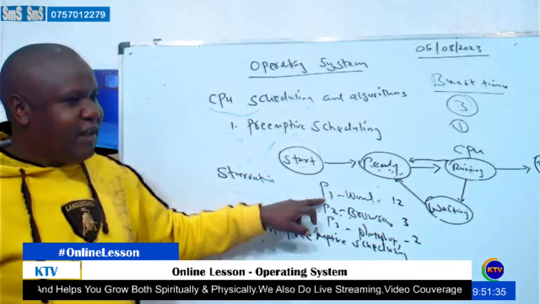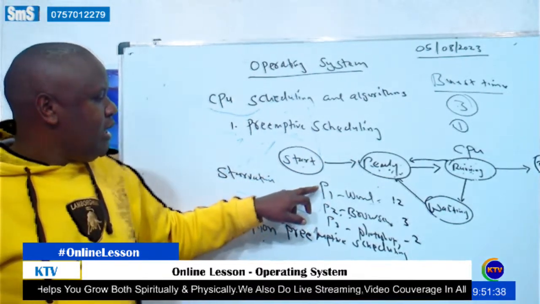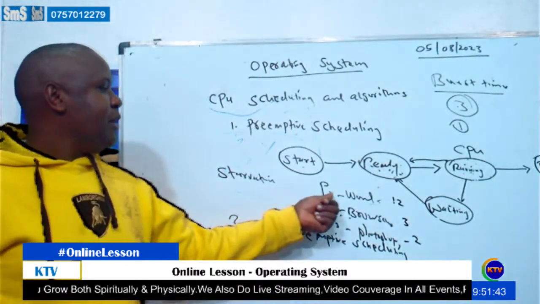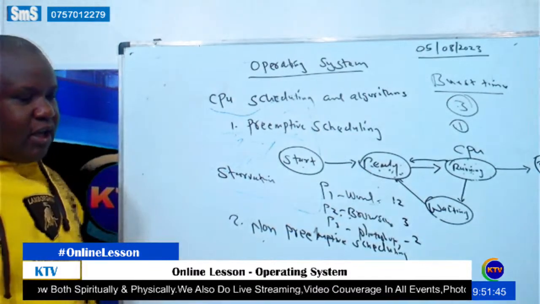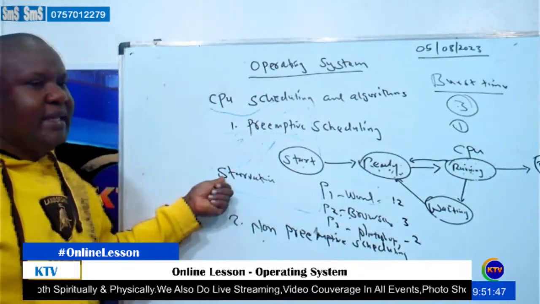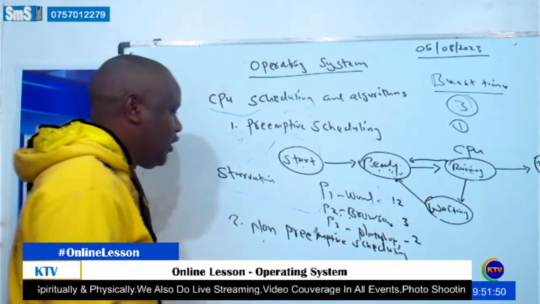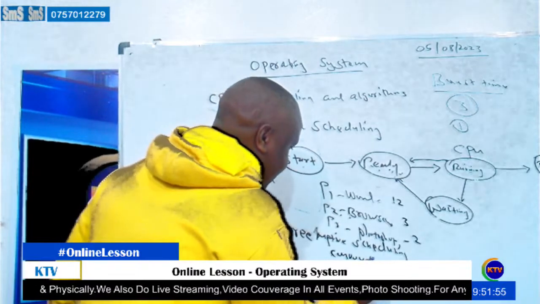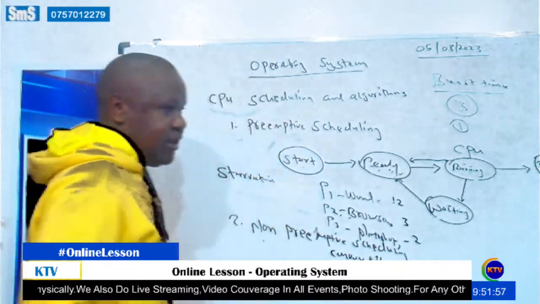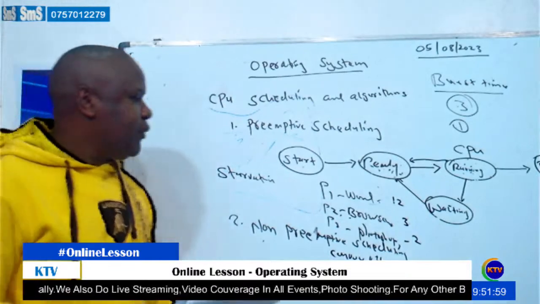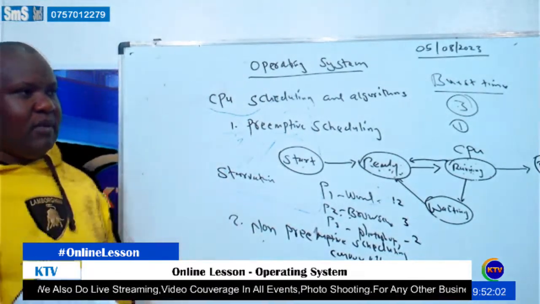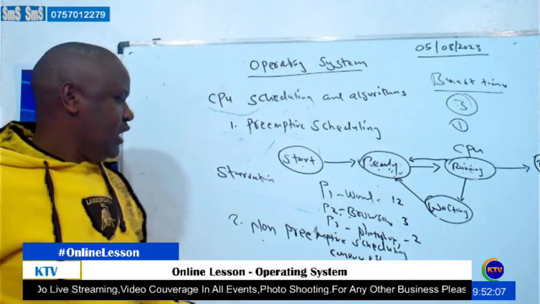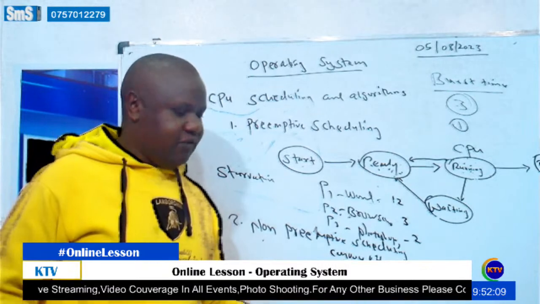If process 1 arrived earlier, the other processes will have to wait until process 1 completes. In that case, we don't use the word starvation, but we use the word convoy. It has what we call the convoy effect: when one process is given a lot of time and the other processes are kept waiting for a long period, we call it the convoy effect.